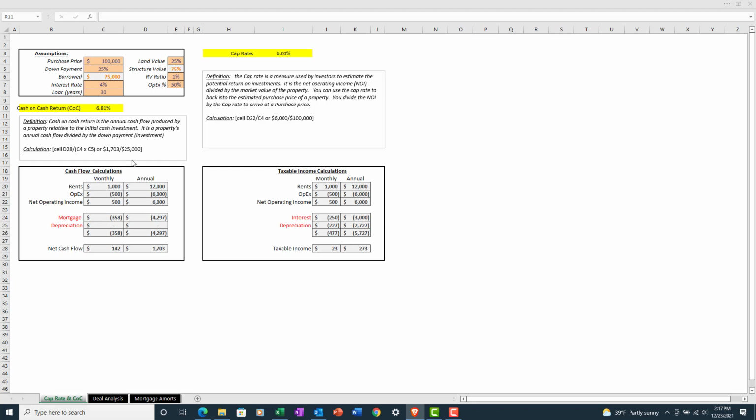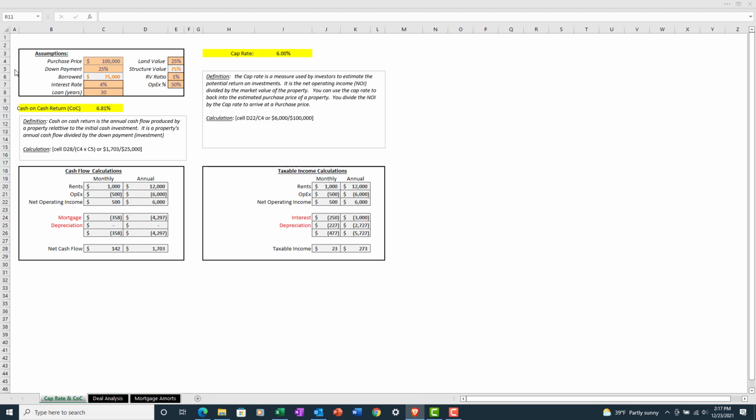A few notes: the orange colored cells up here are for data inputs, and the gray cells are automatically calculated based on those inputs. Some of the gray cells have orange text, which generally reflects a formula, and others are gray cells with black text, which generally represent output.